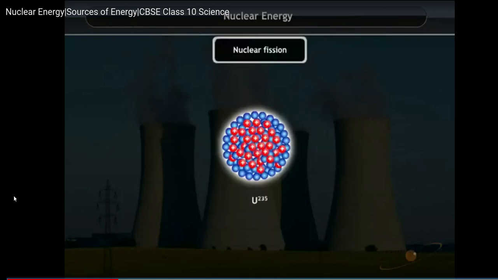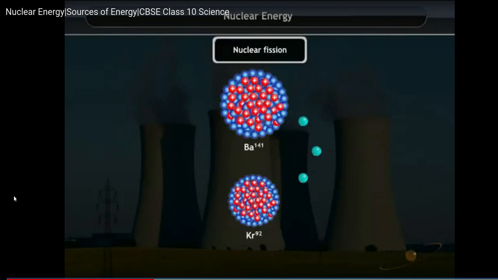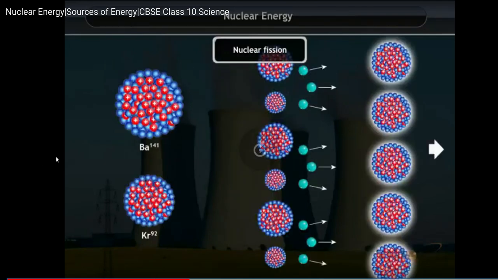So nuclear fission is when you have a massive nucleus, and this massive nucleus breaks into smaller nuclei. There you go.